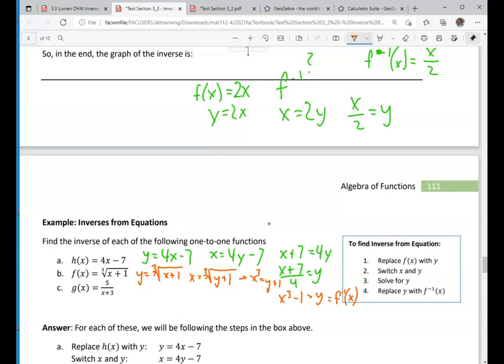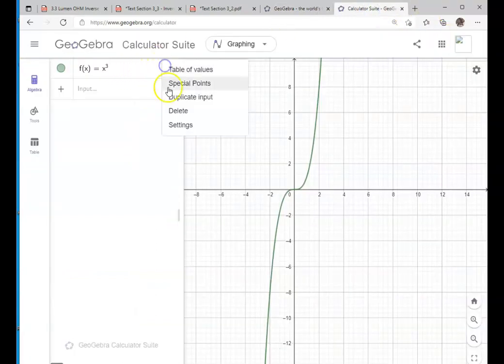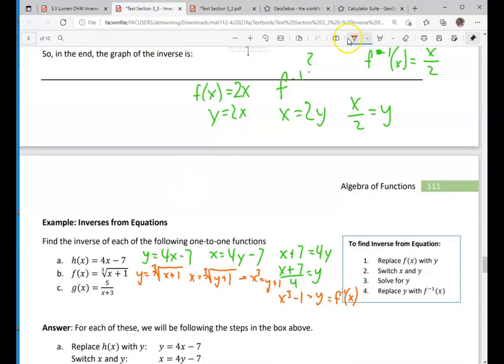Let's go to our friend GeoGebra. That's a fancy one. Let's see how that comes out. I'm going to go to GeoGebra, and I'm going to put in f of x. I'm going to erase my original ones. The first one was the cube root of x plus 1.